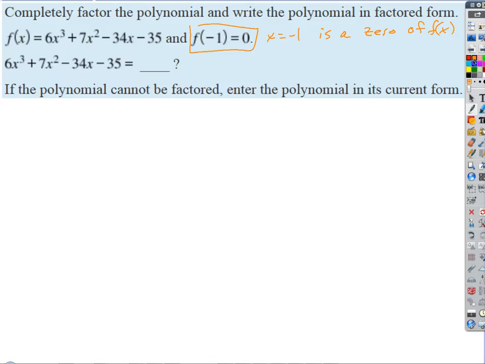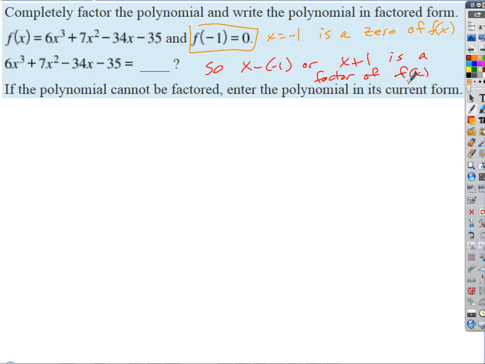So when we want to turn this into a factor, x minus -1 or x plus 1, right? If I subtract a negative, I'm just adding. So x plus 1 is a factor. And when you divide using synthetic division, we'd use the 0, which is -1.